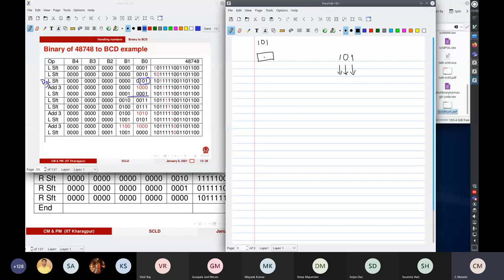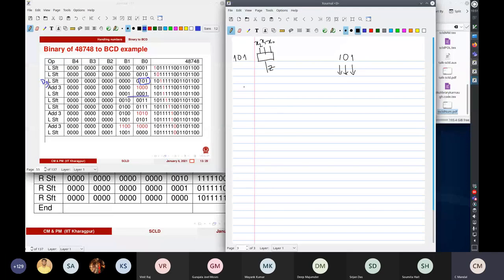This is a 101 comparator. The job of this is to tell you whether the value is greater than 5. So these are x0, x1, x2, and this is, say, z.